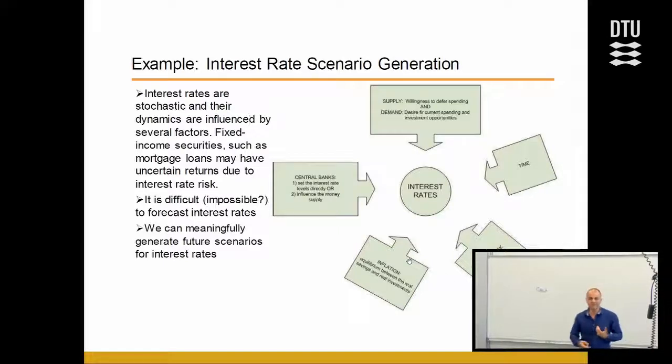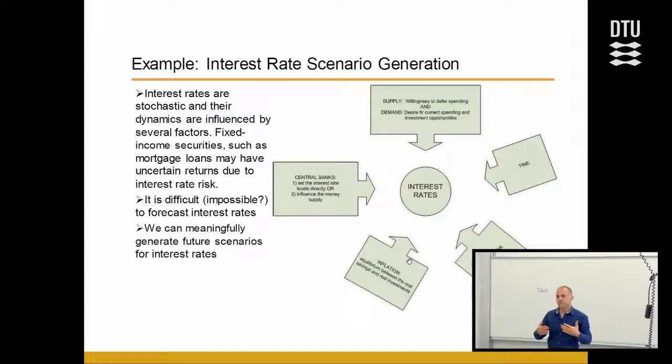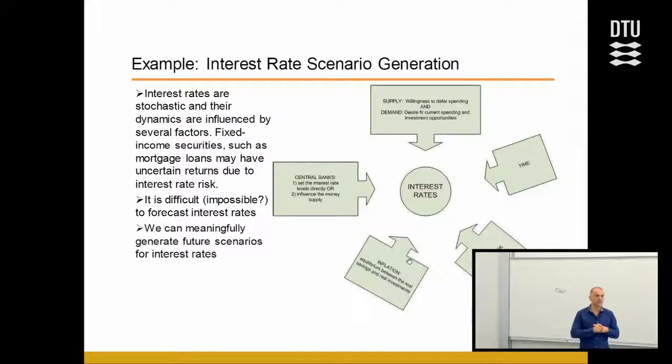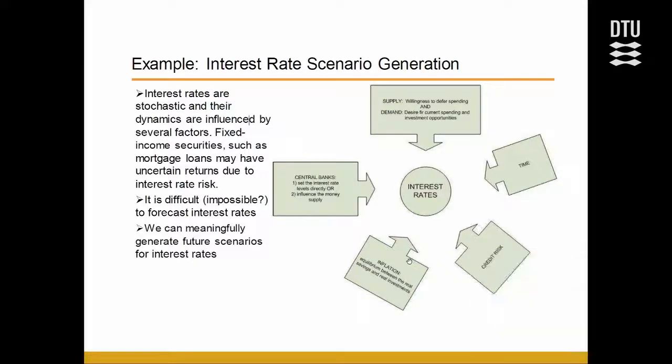You probably have studied a little bit. What causes inflation to go up? Well, too much money in the system can cause inflation, and it essentially means the money becomes worthless. But that's one factor.